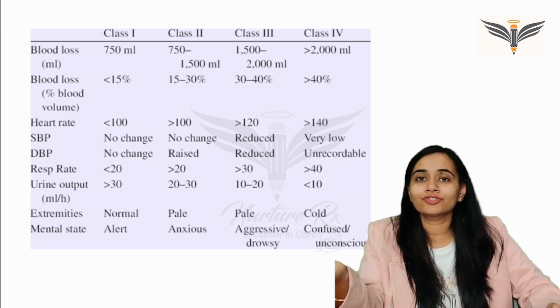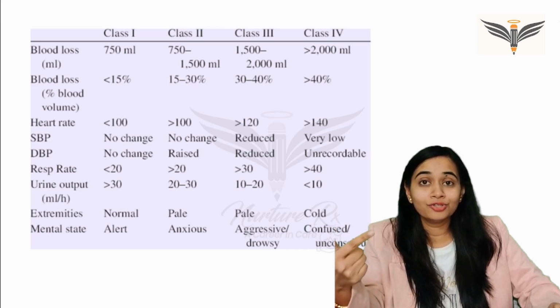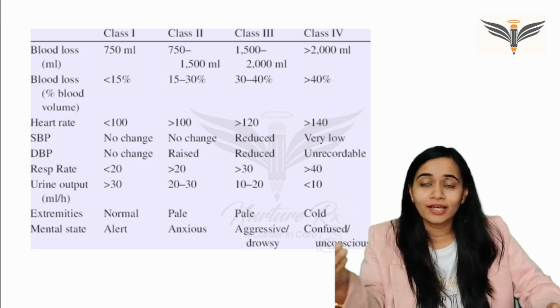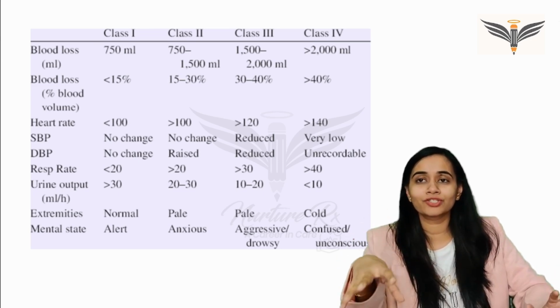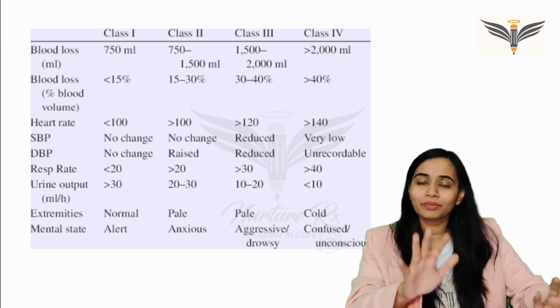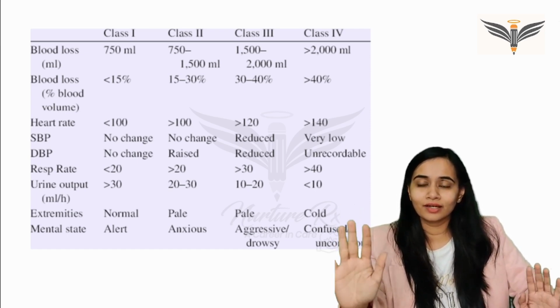Why is grade of shock important? It is important, one, for your management, and two, to assess how critical the patient is. If he is in grade 1 shock, if not much blood has been lost, if the patient's heartbeat is still fine, the pulse rate is okay, then the person can be treated with ease.